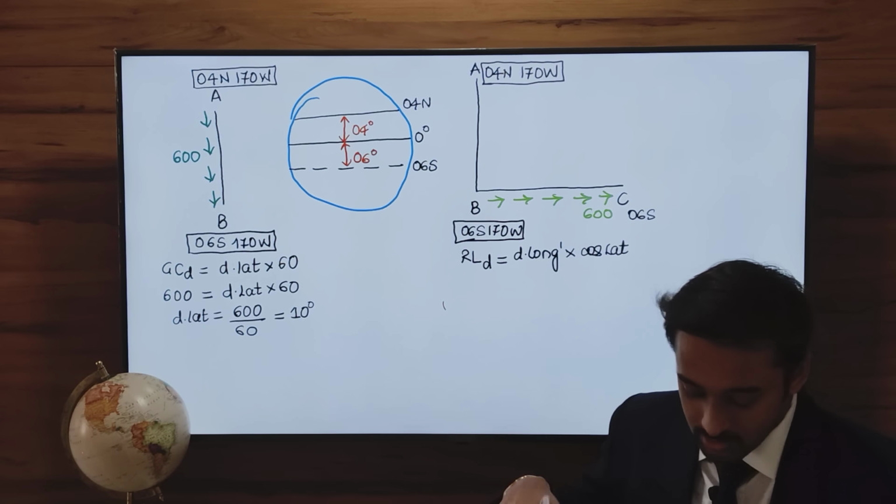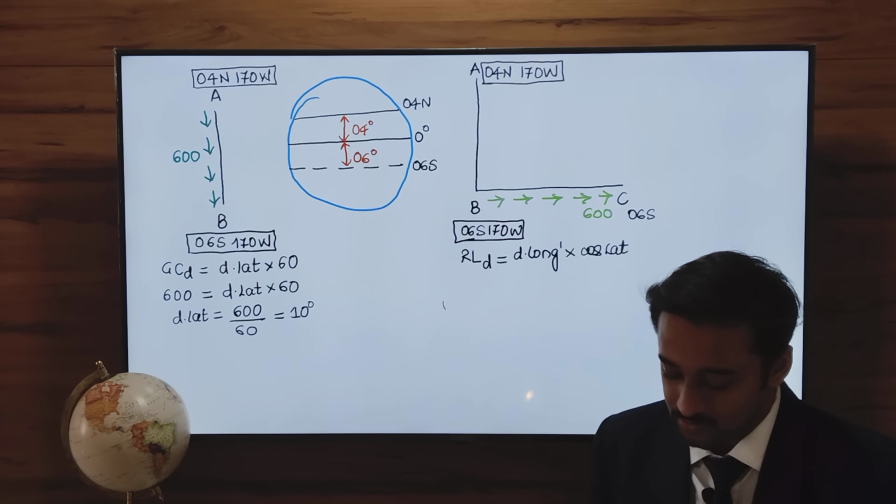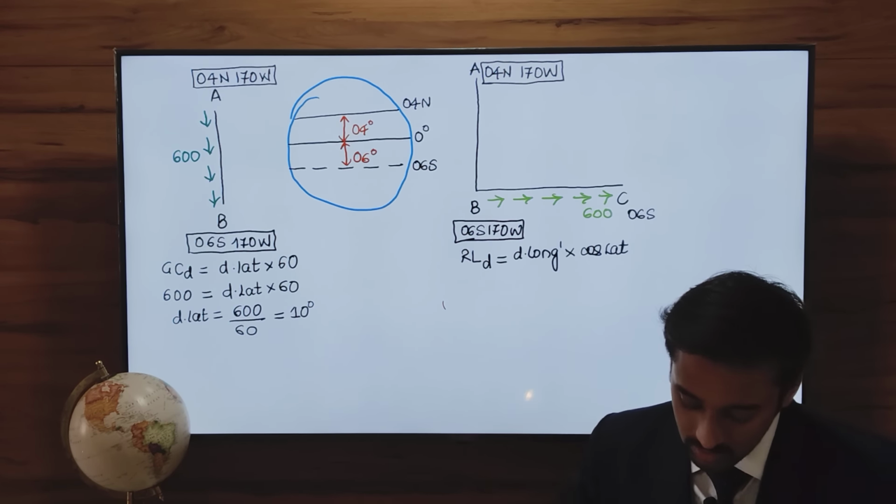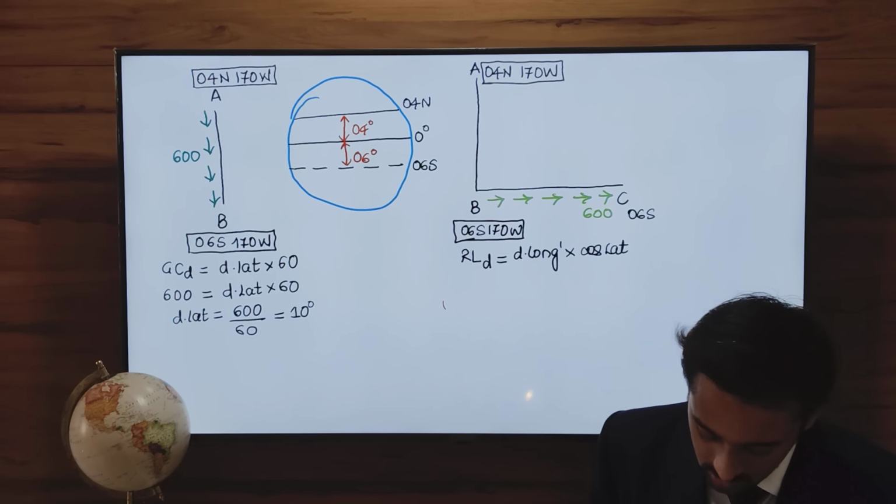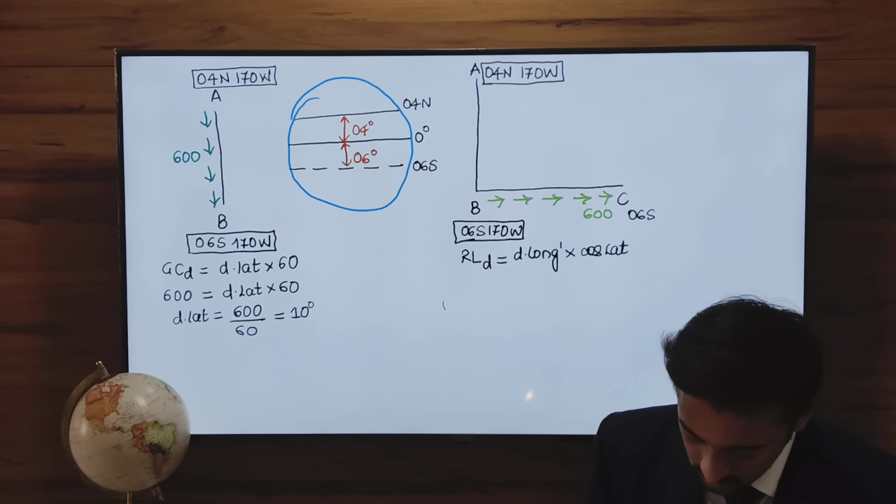So put the values, substitute the values, that will give you 600 nautical miles.